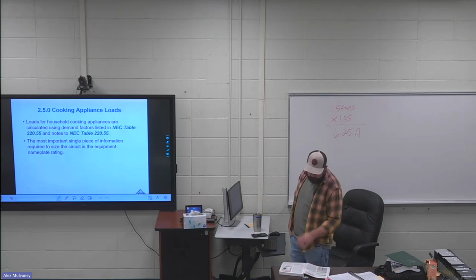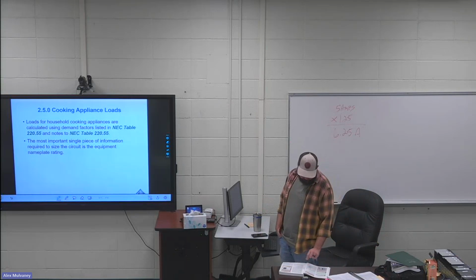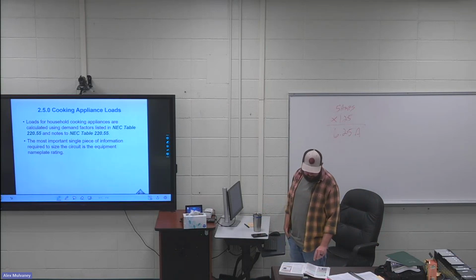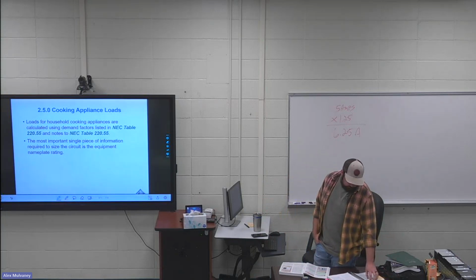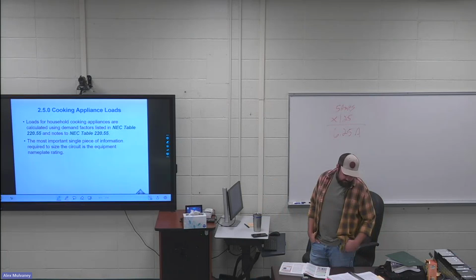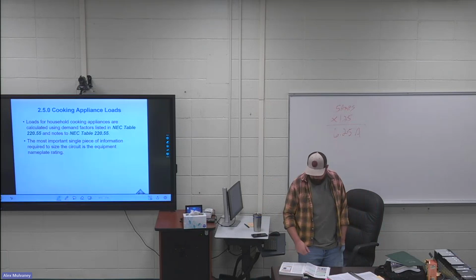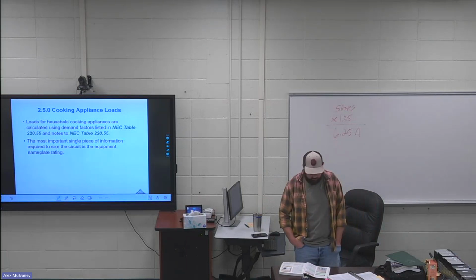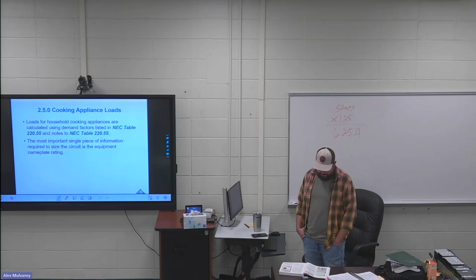Out to the side of that highlight you just highlighted, I wrote in 220.56 commercial kitchen demand factor. So 220.55 is residential, 220.56 is for commercial. All right? You want to write that into your book, like you're going to have a question based on that, but you need to know what table is for commercial and what table is for household.